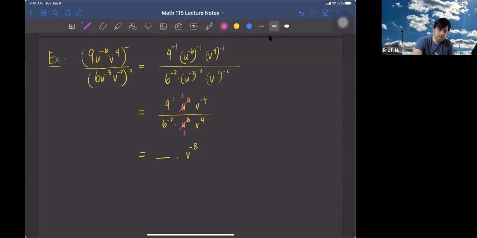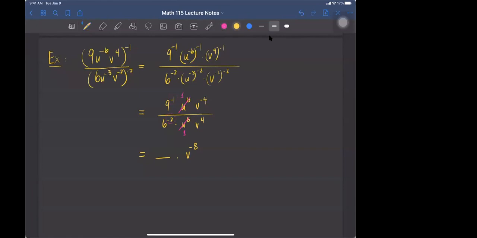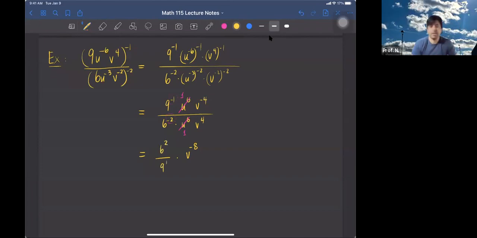How do I make them positive? If it's in the numerator, what do I do? Put it in the denominator. If it's in the denominator, what do I do? Numerator. So I can rewrite this as what? 9 to the 1st power and 6 to the 2nd power. It's that easy.